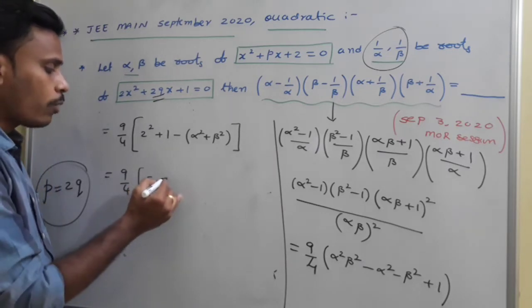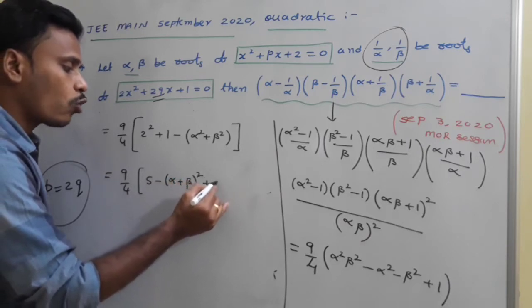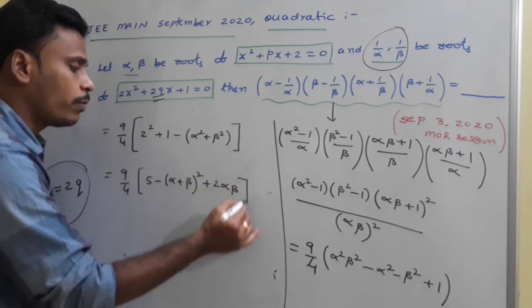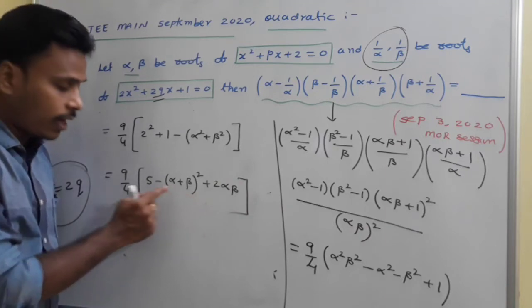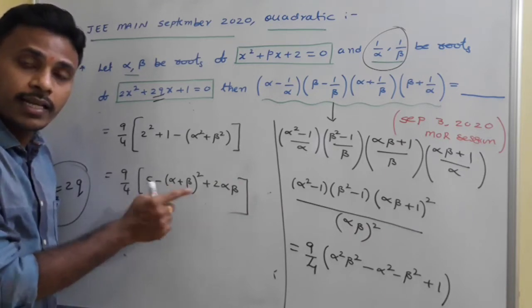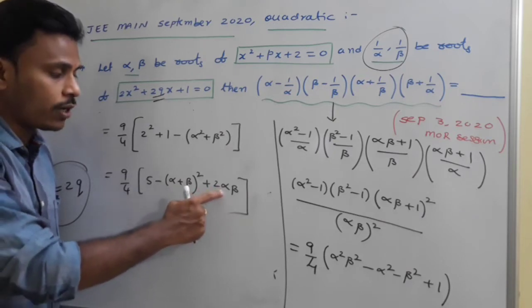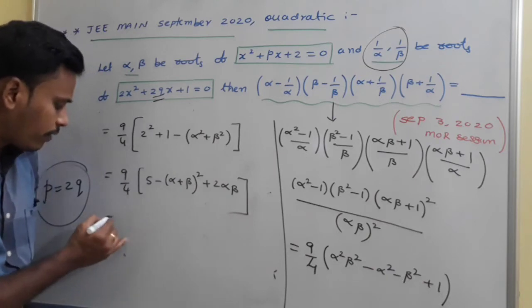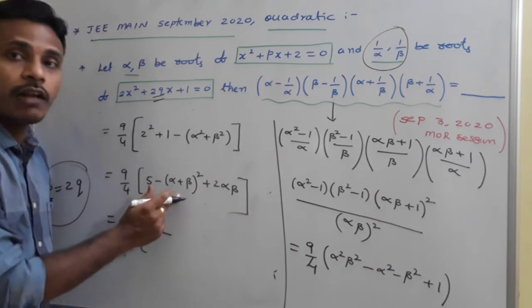Is it right? So I will write it like this, alpha plus beta whole square minus 2 alpha beta along with this minus will become plus 2 alpha beta. Just have a look. Alpha plus beta whole square along with minus indicates that minus alpha square minus beta square minus 2 alpha beta. To make a balanced one, add 2 alpha beta. Now replace everything. So this is equals to 9 by 4 into 5 minus alpha plus beta.